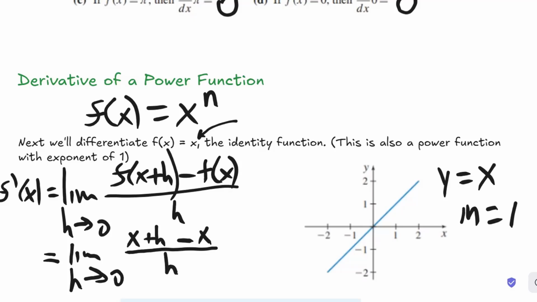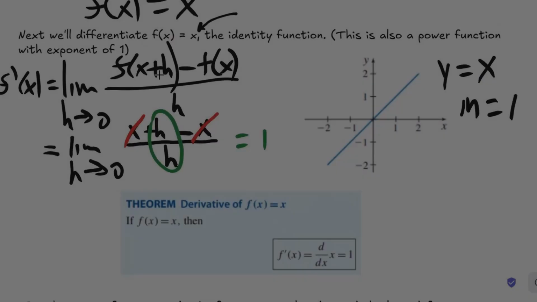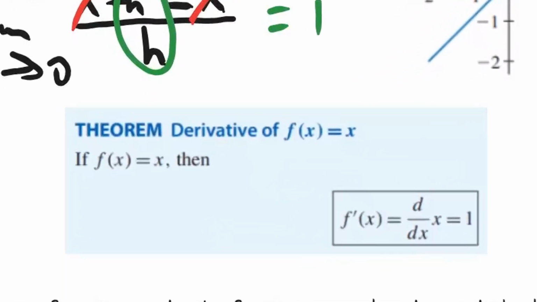Now the x's will cancel, and the h over h is what is left. H over h is just 1, so the limit ends up being 1. Now we have the theorem. If f of x equals x, then f prime is equal to 1.